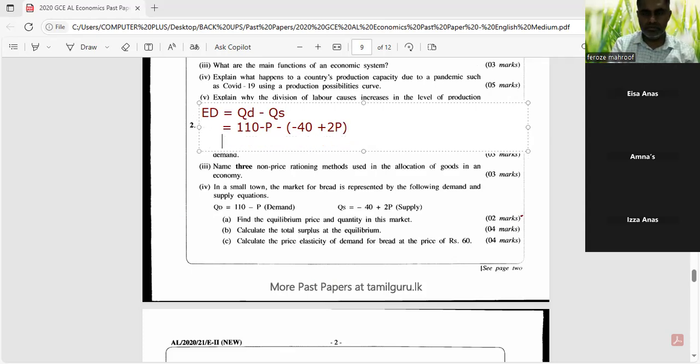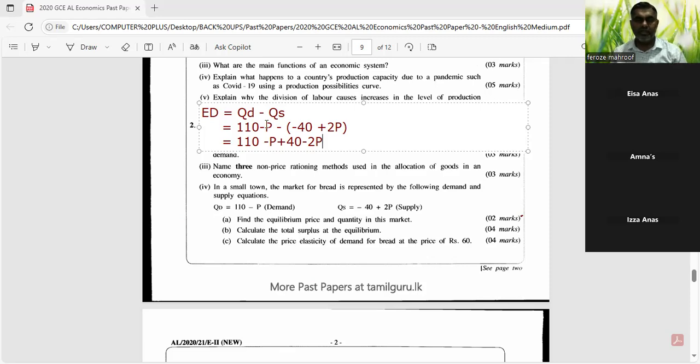Therefore, it will be 110 minus P. With the minus, we are removing the bracket. So minus into minus is plus 40, minus into plus is minus 2P. QD is 110 minus P, QS is minus 40 plus 2P.